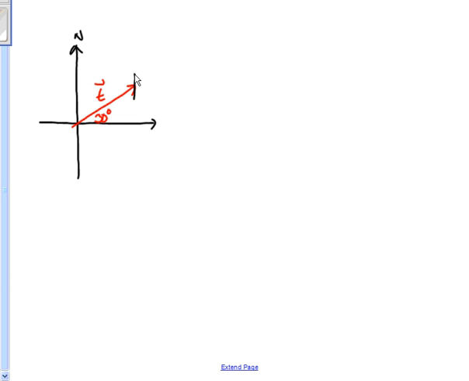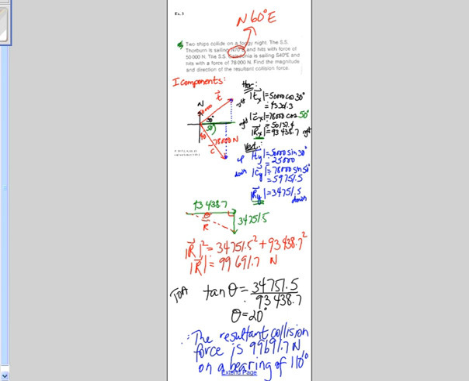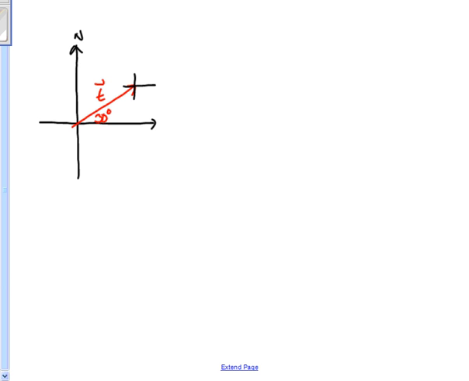So if we're going to add these two together, I want tip to tail, south 40 degrees east. Head directly south, turn 40 degrees, and there I have my result. This one should be a lot longer.